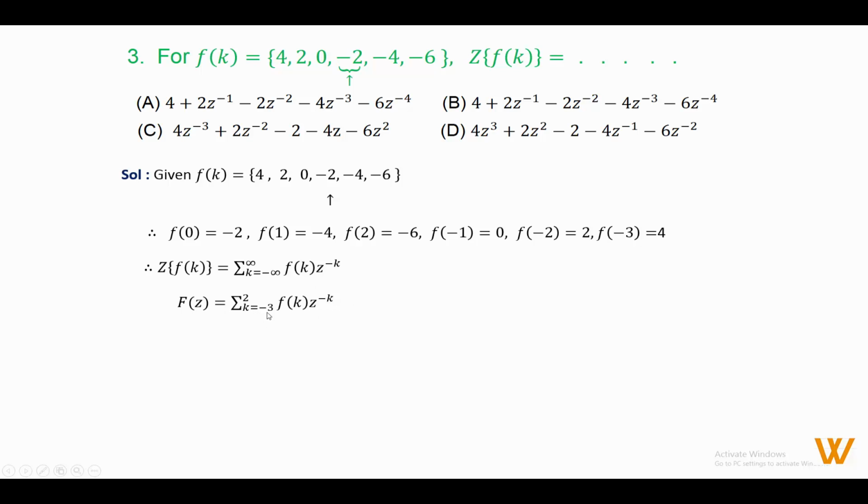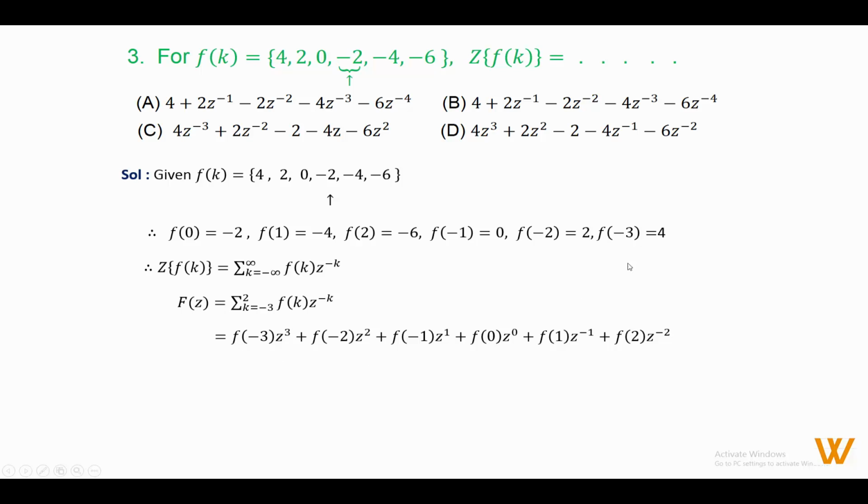First put the value of k as minus 3: f of minus 3 z raised to plus 3, plus k is minus 2, f of minus 2 z square, plus k is minus 1, f of minus 1 z raised to plus 1, plus f of 0 z raised to 0, plus f of 1 z raised to minus 1, plus f of 2 z raised to minus 2.